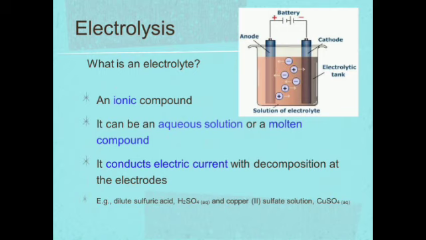To calculate 4 Faradays, it's 4 times 1 Faraday, which is 96,500. So 4 times 96,500 coulombs will give you the quantity of electricity for 4 electrons.